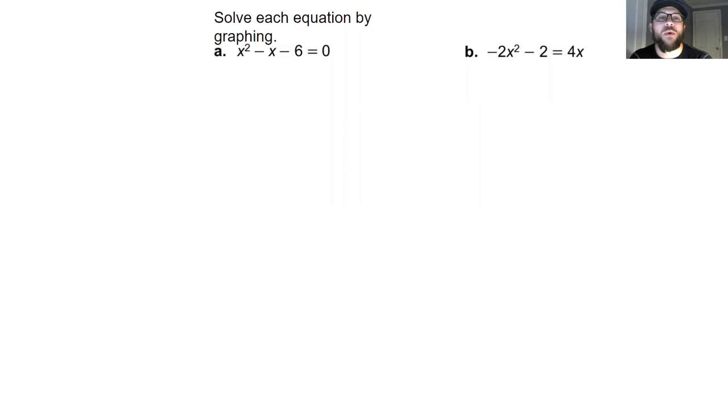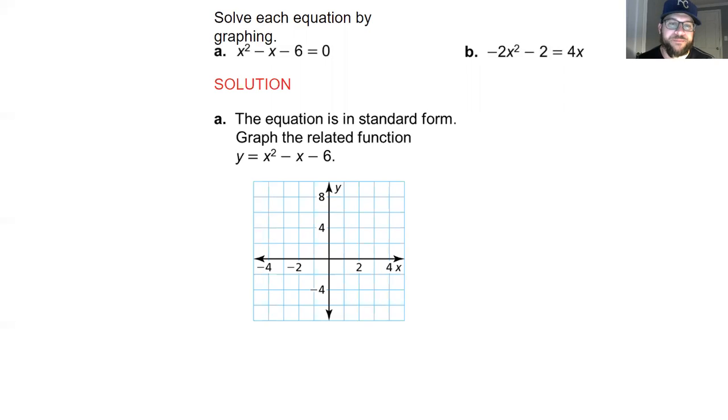So when you have these two quadratics, looking at the first one, x squared minus x minus 6 equals 0. Remember, in order to solve, they have to be equal to 0. So if it's not equal to 0, the first thing you need to do is put everything over on one side in standard form and set it equal to 0. When you draw that graph, that parabola looks like this.